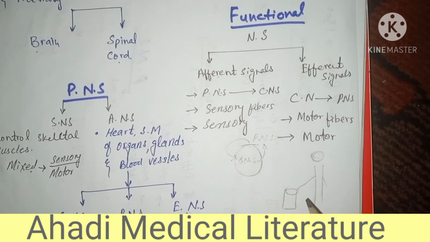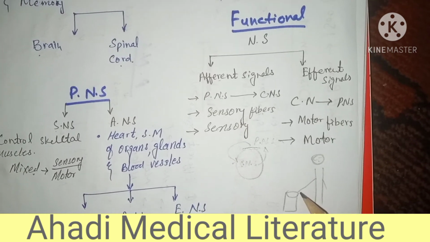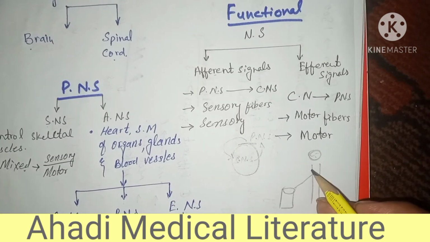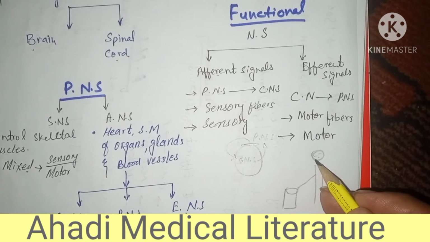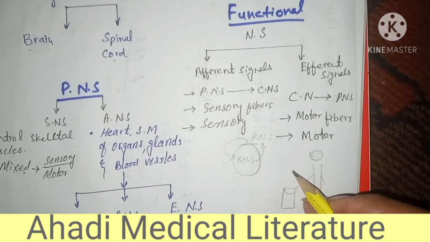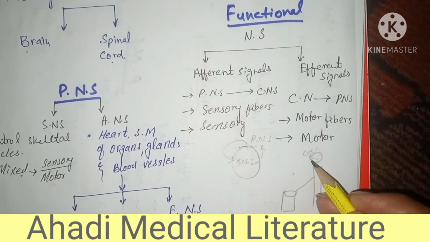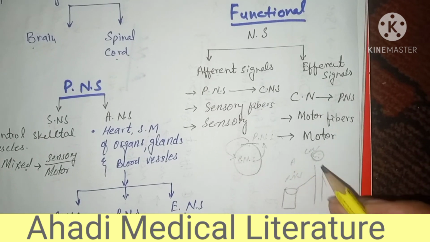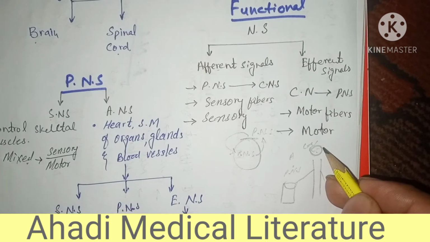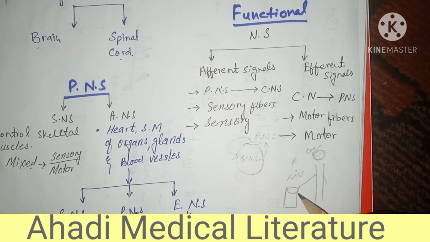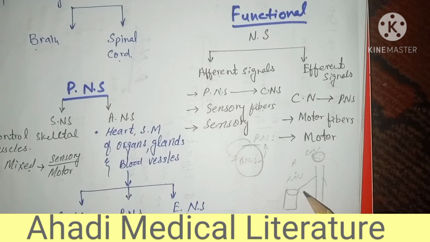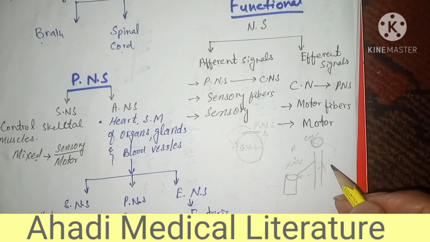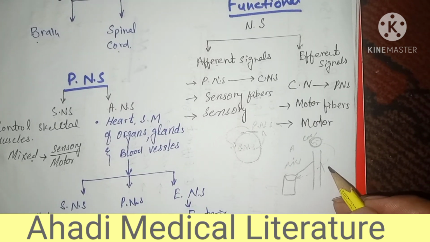So our finger receptors take information about whether the water is cold or hot to the CNS from the peripheral, and this is afferent. And the CNS processes that information and sends back a message to the peripheral as motor action. So whether we have to lift up our hand or not.